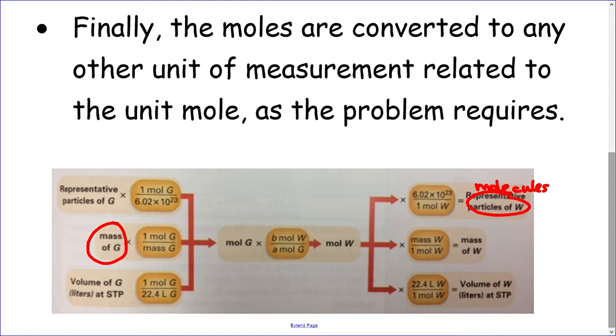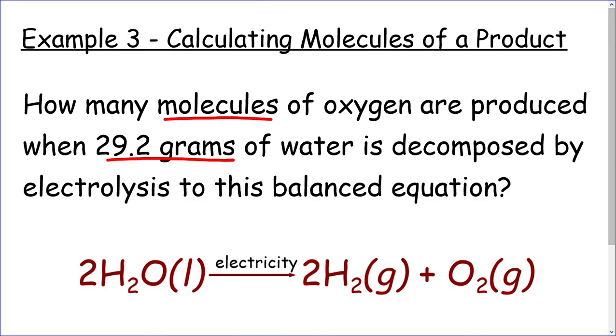You can see the path I have to take is going to go over and then up. So I first need to multiply the mass of what I have to get into moles, a mole conversion, and then I need to get from moles into molecules, and that sets up what I need to multiply by. So pause the video. See if you can set up the problem, see if you can solve for it, and come back when you're ready to go through it.